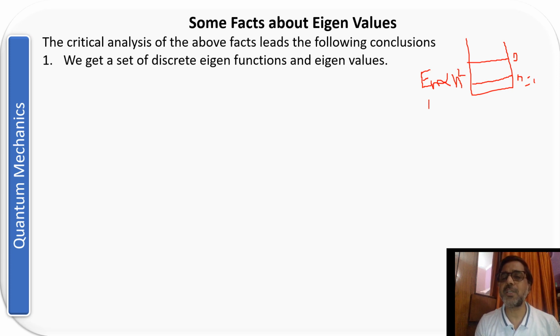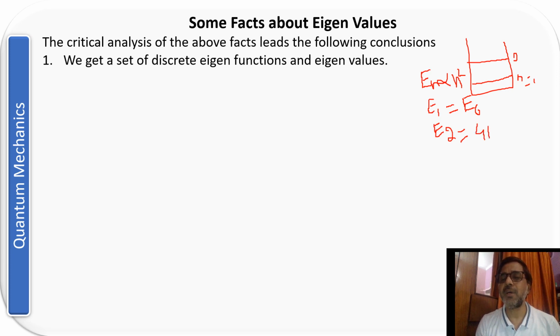If I go from E1 to E2, then n squared is 2 squared, which is 4. So E2 will be equal to 4 E naught.